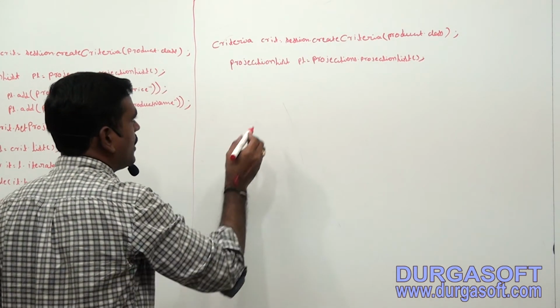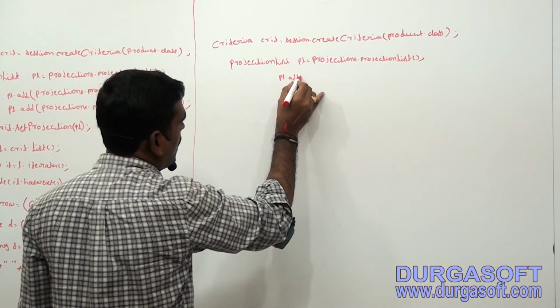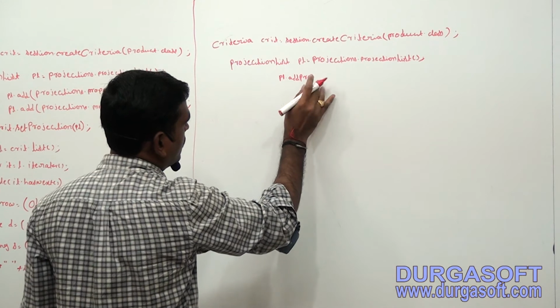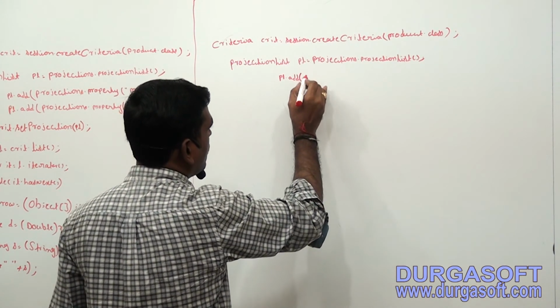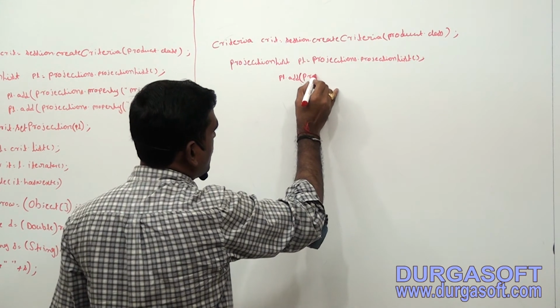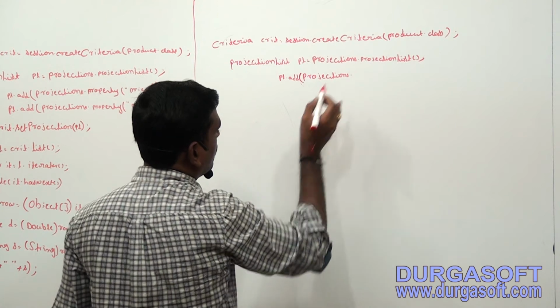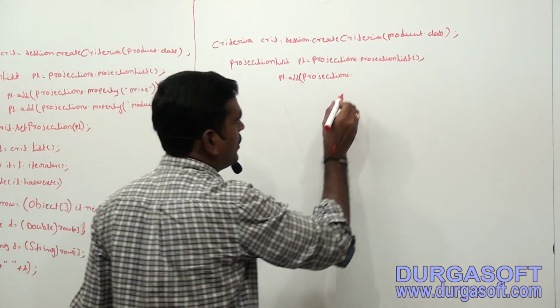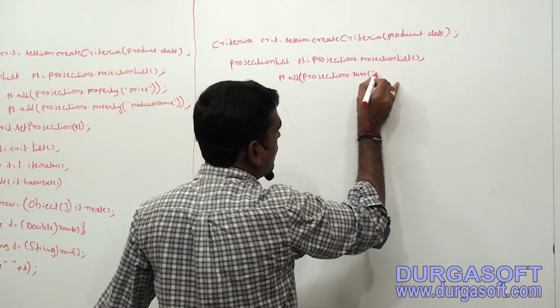Then next after that, PL dot add, under that Projections dot sum of price.